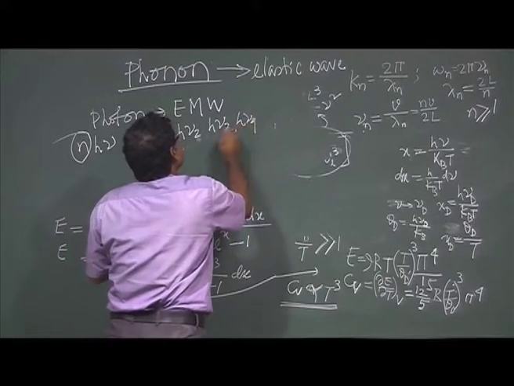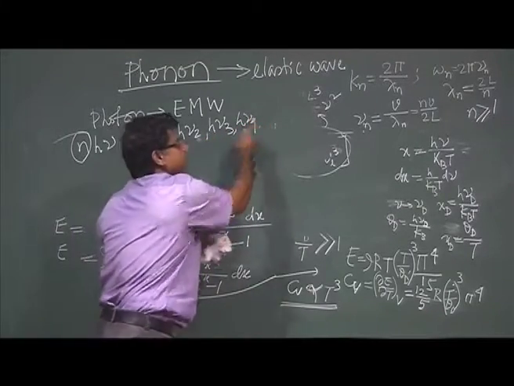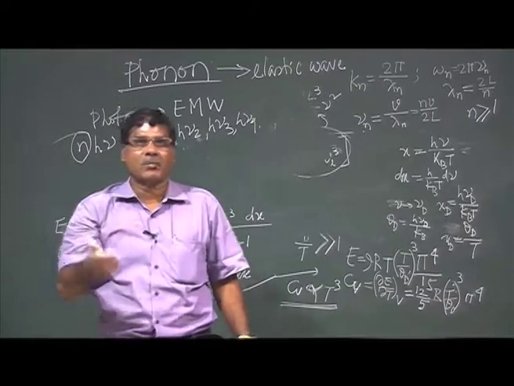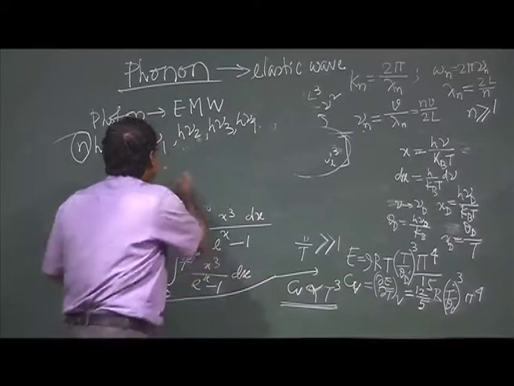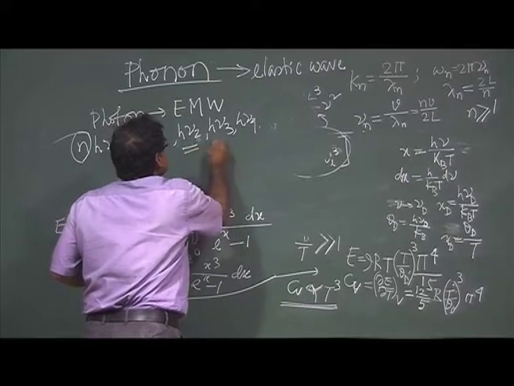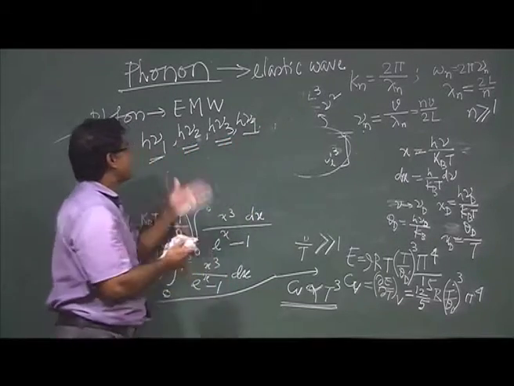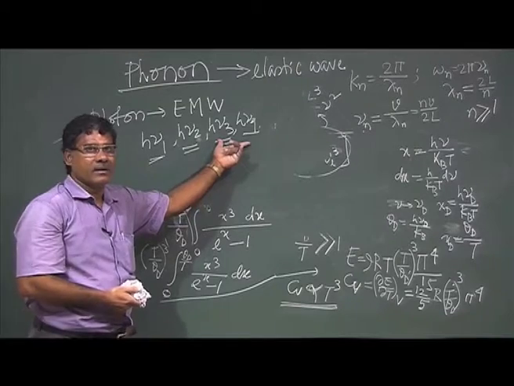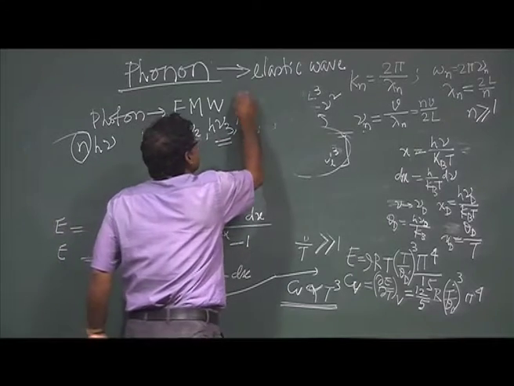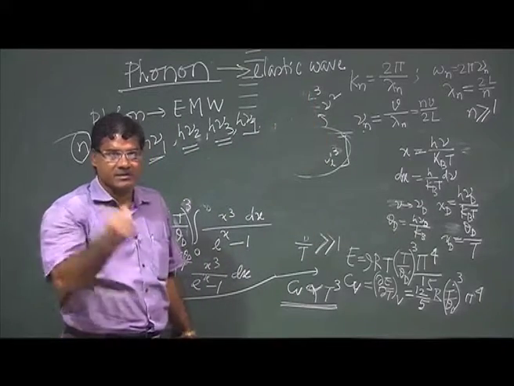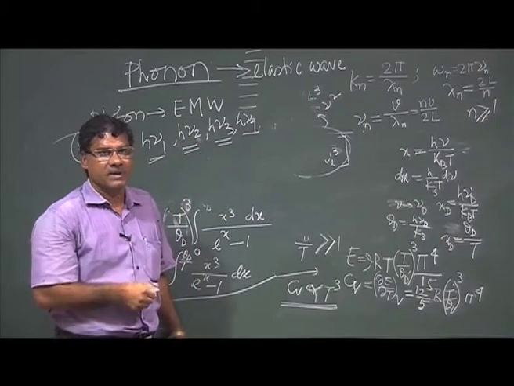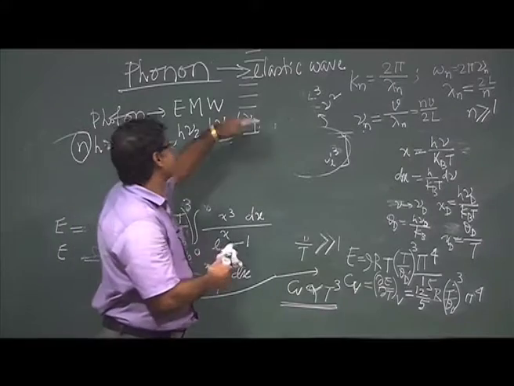So, these are the energies of the different modes having different frequencies, right. And each of these modes has its own lowest energy and higher energy levels like a harmonic oscillator, okay.